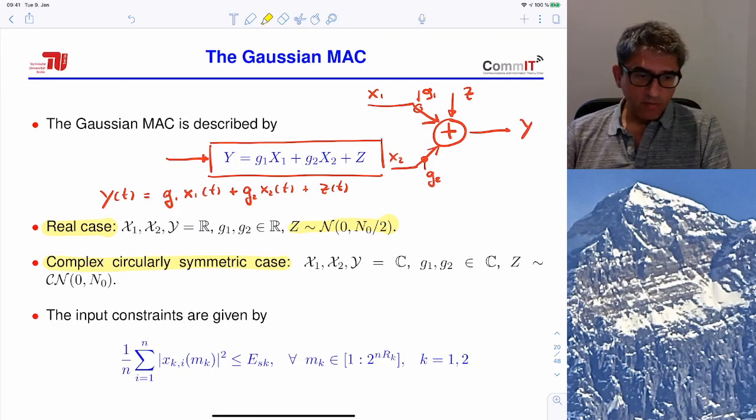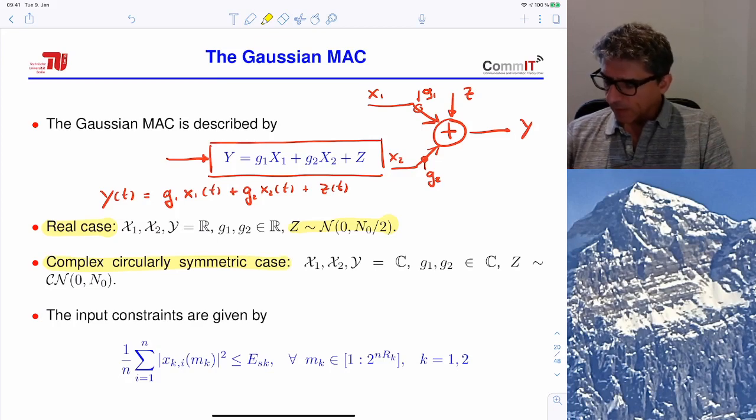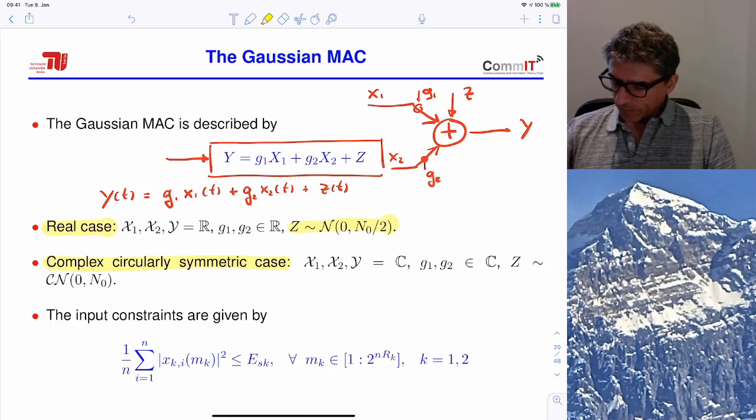For example, Wi-Fi uses the 2.4 gigahertz band, cellular around 2 gigahertz, etc. After demodulation to baseband and considering the in-phase and quadrature components of the signals, we get a complex representation for which all the symbols are complex numbers, the gains are complex numbers, and the noise is complex circular symmetric with variance N0.